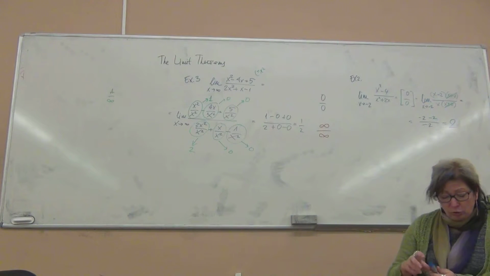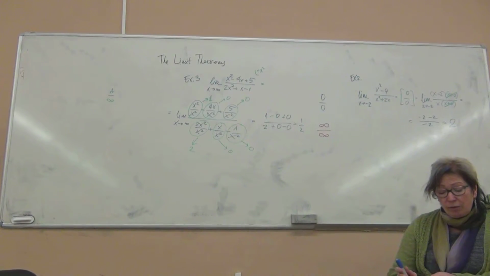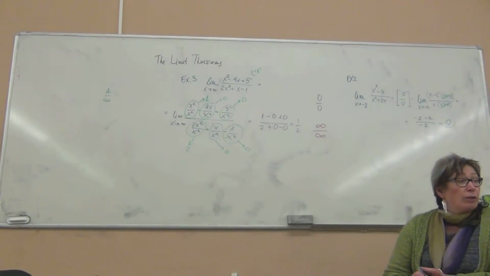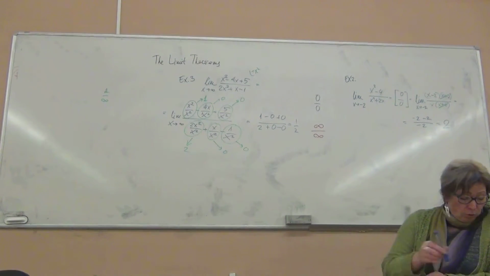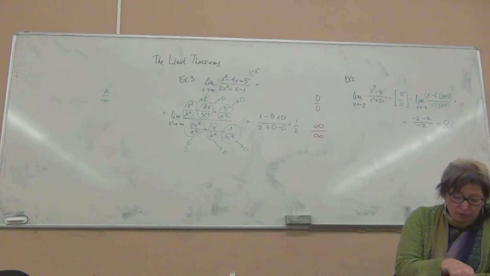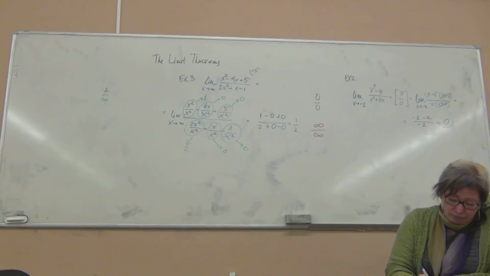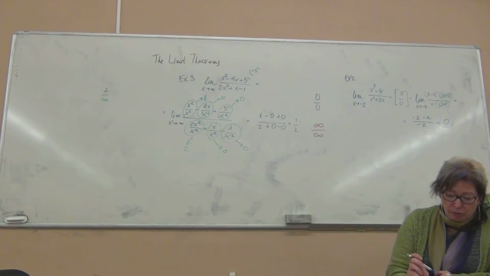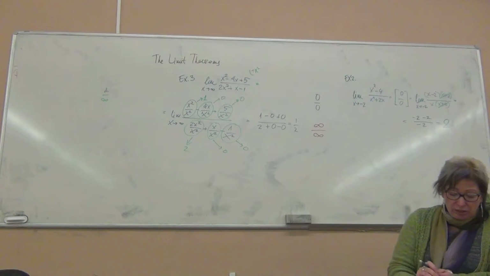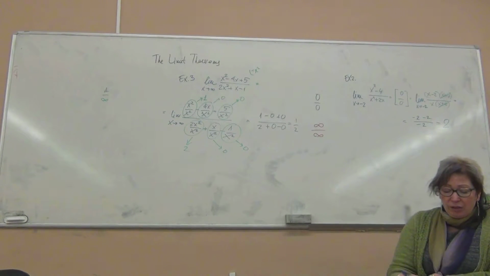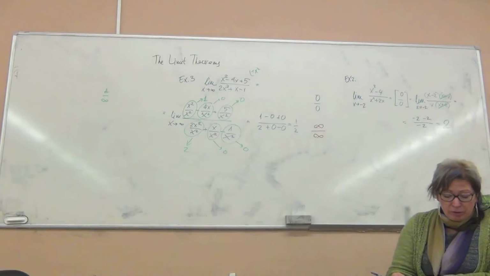What matters is that you can find those limits. On the other hand, of course, this method also is sometimes quite useful. Sometimes you cannot just cancel out. In this case, I think it's easier to divide out x squared, but sometimes yes.